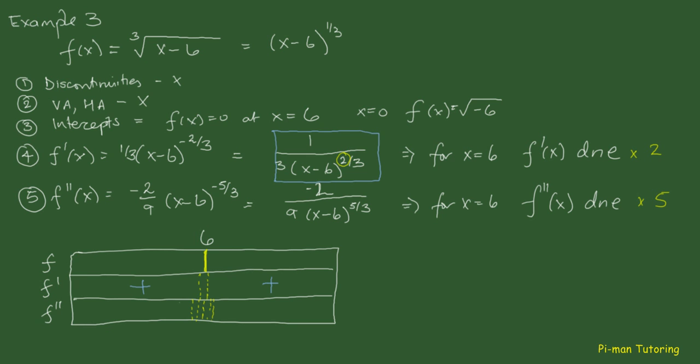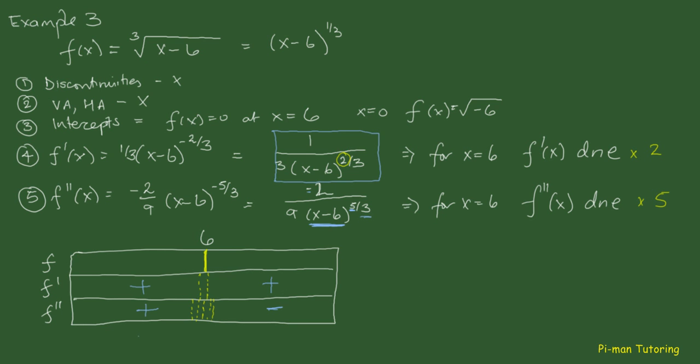And what's happening with the second derivative? Well, if I'm less than 6, this is a negative number. It's raised to the power of 5, so it stays negative. Take the cube root, so it stays negative. But it's multiplied by negative 2, so it ends up positive. And finally, if I'm greater than 6, then x minus 6 will be a positive number, raised to the power of 5, taking the cube root, all positive, and then the negative sign on top will cause the second derivative to be negative.